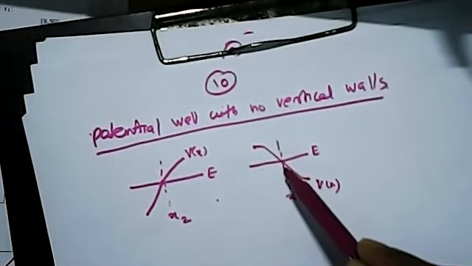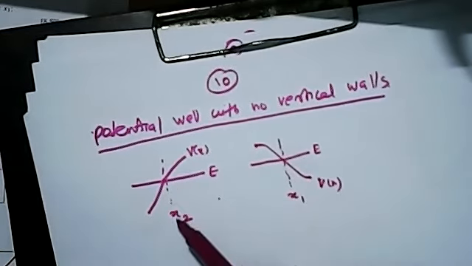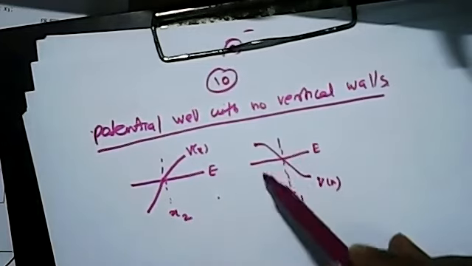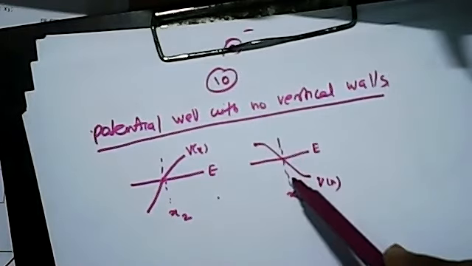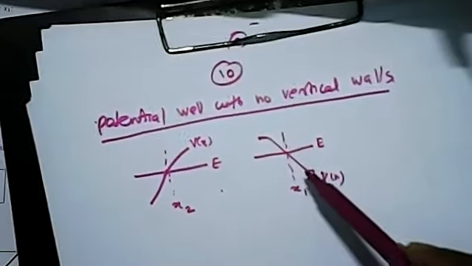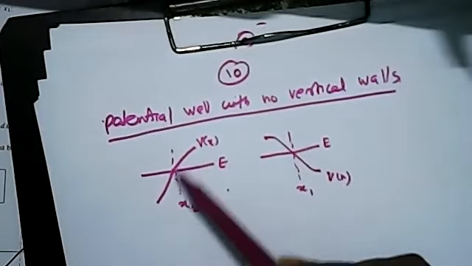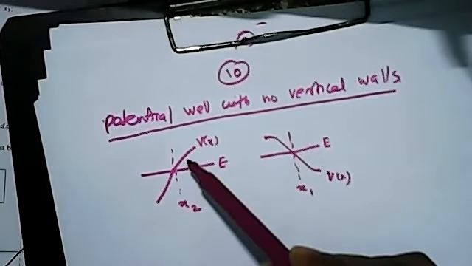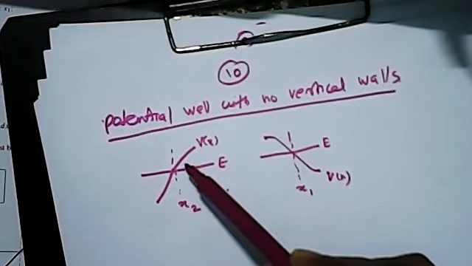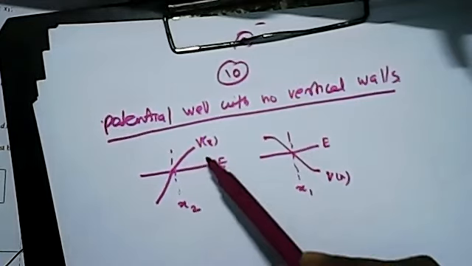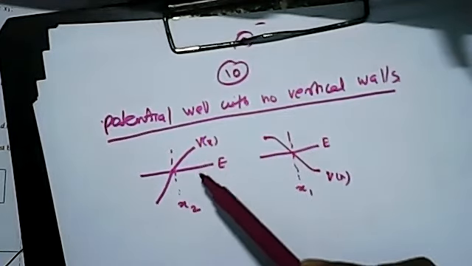We can call the turning point as x1. Here the turning point is x2. So in this second case, we can also have similar results as in the positive slope case. Only difference is that the limits will change.